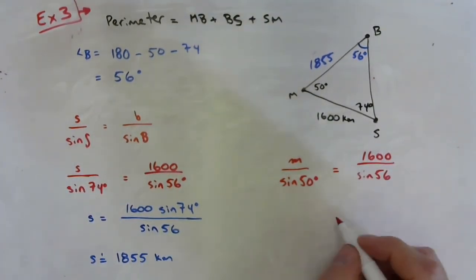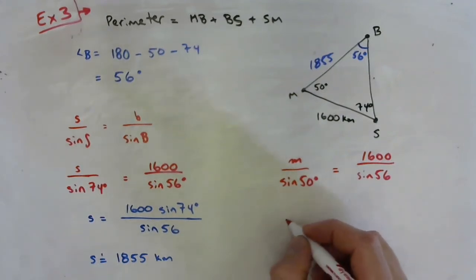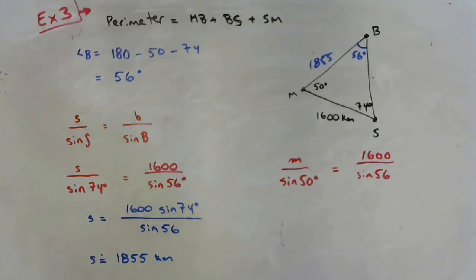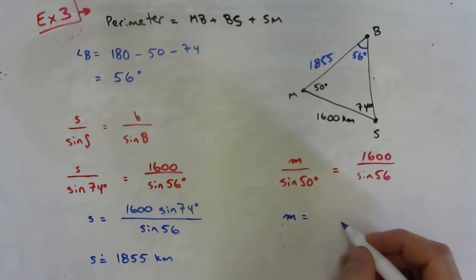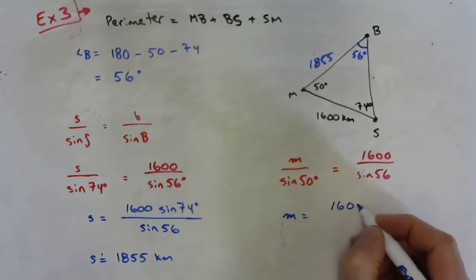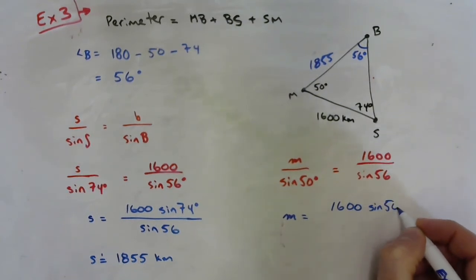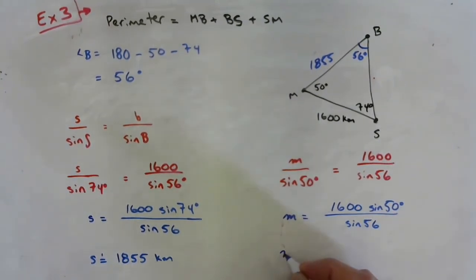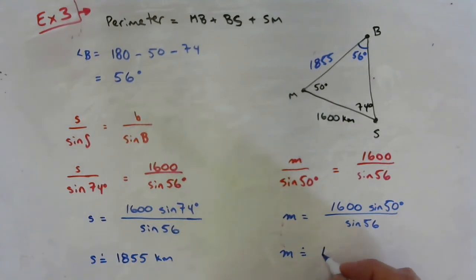So what do I do here to solve for M? Multiply both sides by the sine of 50. Carefully type that into your calculator. You'll get that the length of side M is approximately 1478.